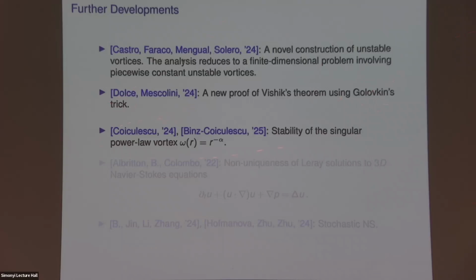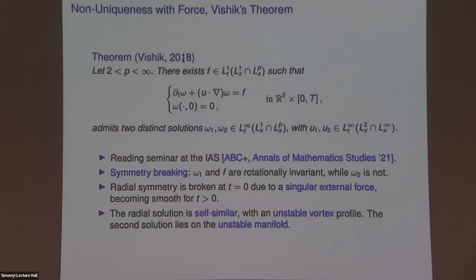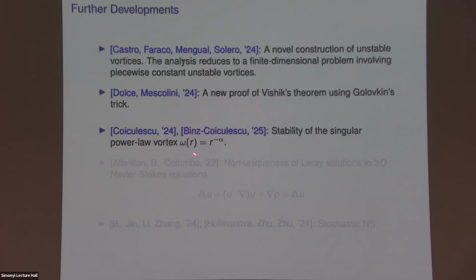And I also want to mention an actual result in the opposite direction. It is possible to show that this specific singular vortex is stable. And this is well connected with this result, as in order to get the very same symmetry breaking with a radial singular initial condition and zero body force, the only reasonable candidate as initial condition is this vortex.